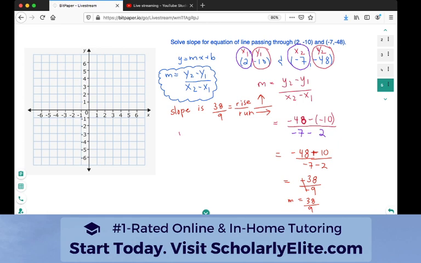If we remember, our equation of a line is y equals mx plus b, which means the y value is equal to the slope times the x value plus the y-intercept. Okay, so solving for this equation is not as crazy as it seems.